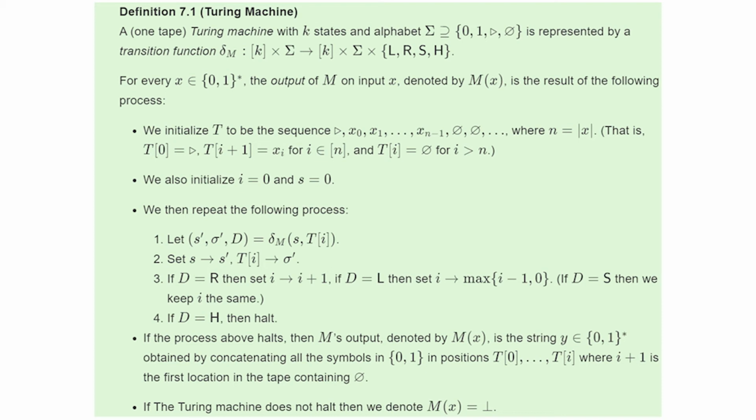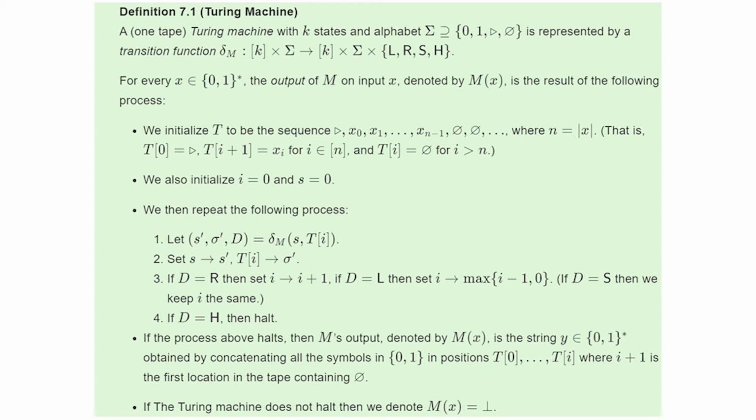And then after that, we're going to update based on our direction. If our direction D happens to be R, which is move to the right, then change I to be I plus 1. If D is equal to L, so our direction is to the left, then we're going to change I to be the max of I minus 1 and 0.